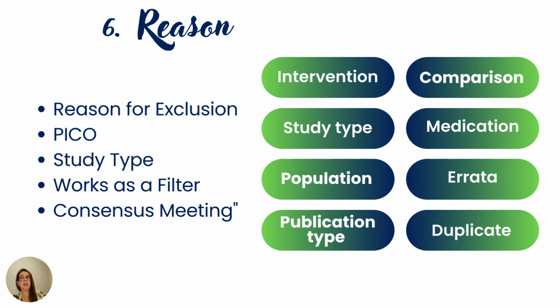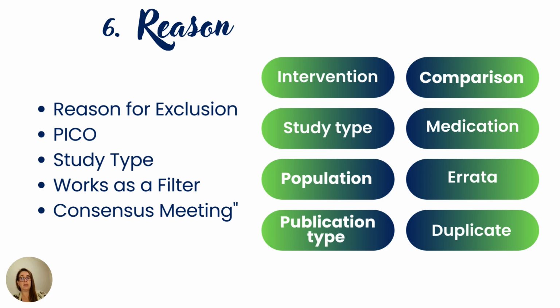When a study is excluded, a reason tag can be customized to indicate the reason for exclusion. These reasons are typically related to non-compliance with PICO, study design, publication type, and other factors as well.